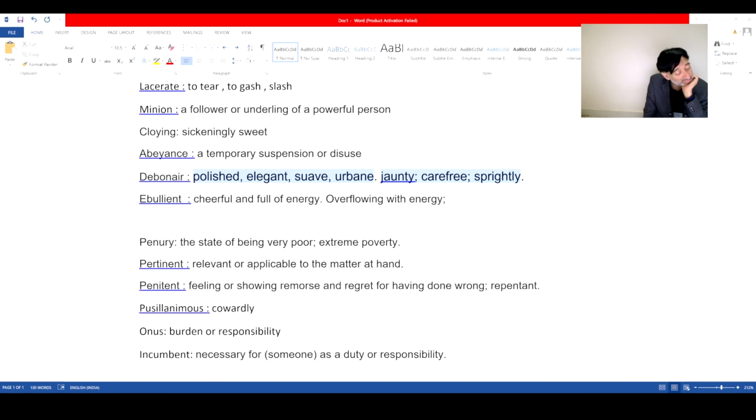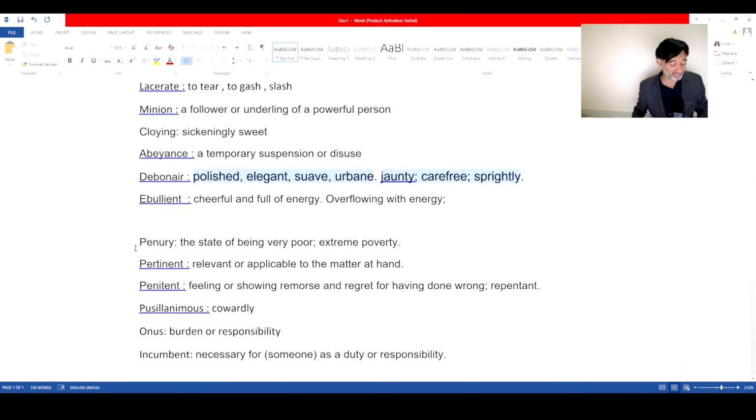So, the present incumbent will be soon gone or retiring. Generally, it's something that is binding or obligatory, incumbent upon the government to do something. It is incumbent on somebody to do something. So that is a similar word to onus, so I just thought to put it down along with onus. Okay, remember these words.